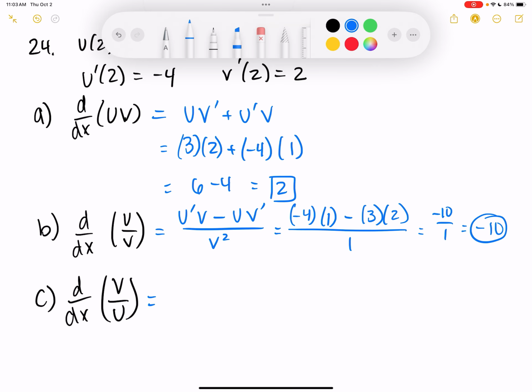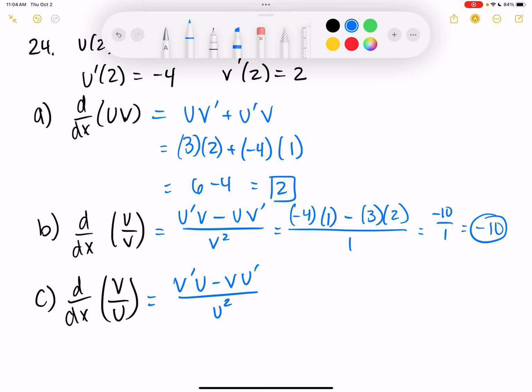So is it v squared on top? Well, no, it just swapped the letters. Yeah. So it's the derivative of the top times the bottom. So it'd be v prime u minus v u prime, and then over u squared.